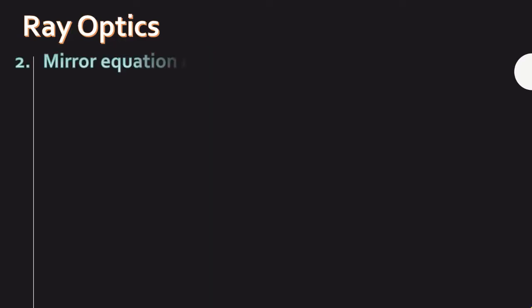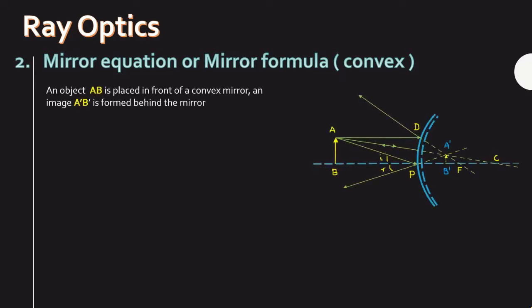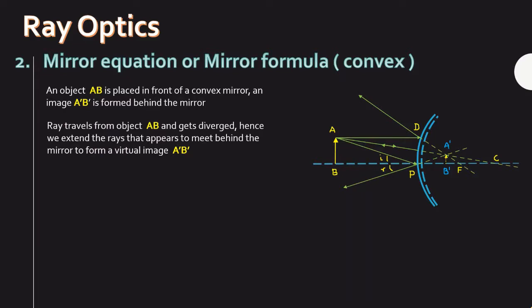Next, presenting you with the mirror equation or the mirror formula, which will be based on the convex mirror. Here I present you first with the convex mirror. As you can see, an object AB is placed in front of the mirror, and an image A prime B prime has been formed behind the mirror.